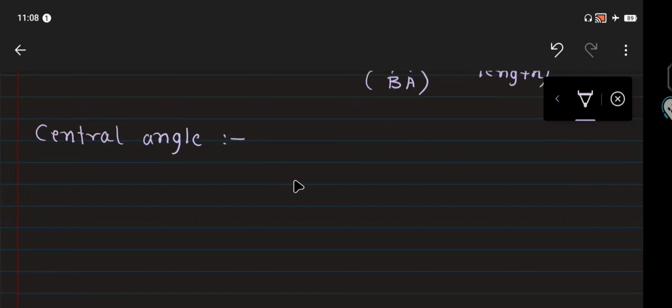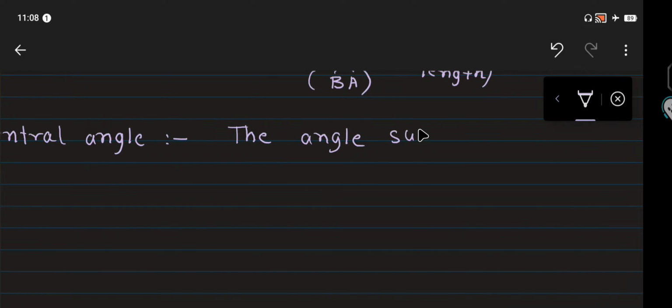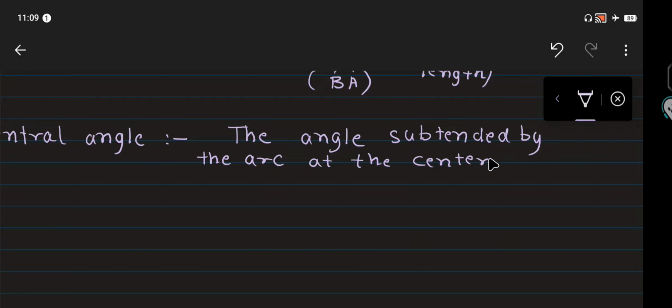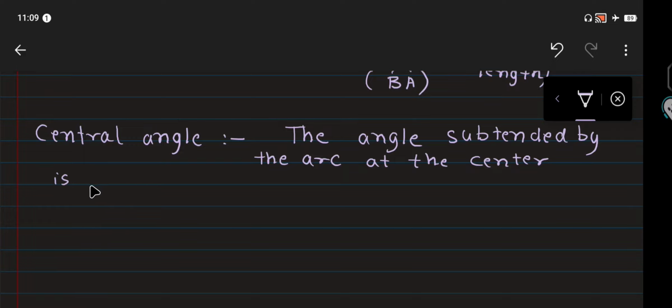The angle subtended by the arc at the center is called the central angle. Let's understand it with an example.